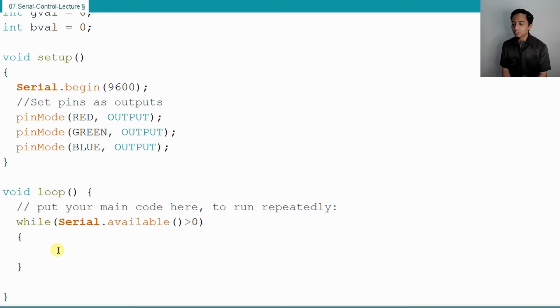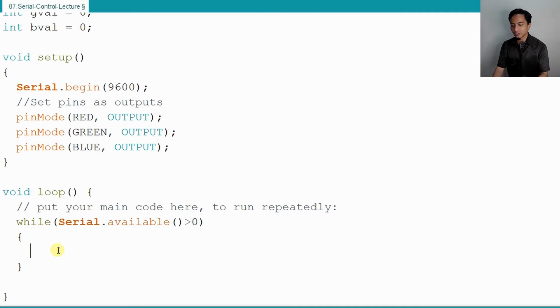So what we will do here, basically, is get the integer value. Before this, in the previous video, we only sent a character, but now we want to send an integer.